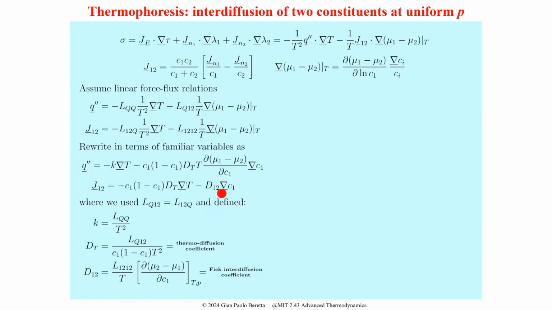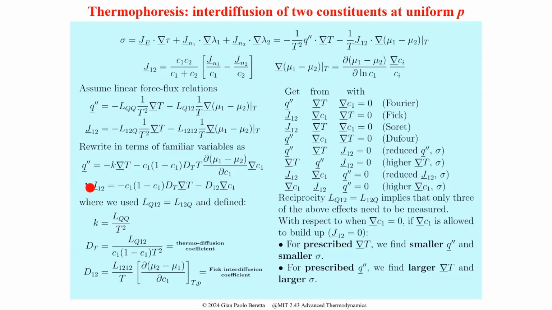So this is the Fick diffusion coefficient, the direct effect, where you drive a flux of particles, a diffusion of particles, by the concentration gradient of one of them. Whereas this drives the diffusive flux of particles with the gradient in temperature.